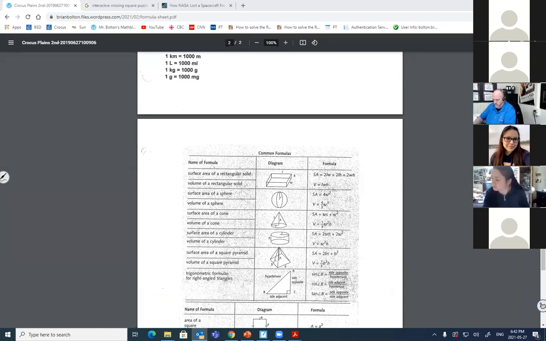I have a question. Yep, go ahead, Alice. No, you're muted. Question 10A on page 503. I don't see it on your formula sheet. Which question? 10B. It's not on your formula sheet.